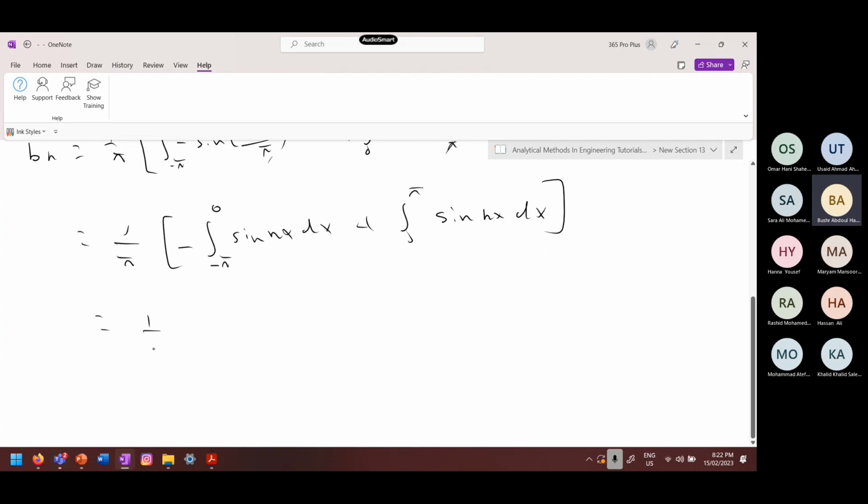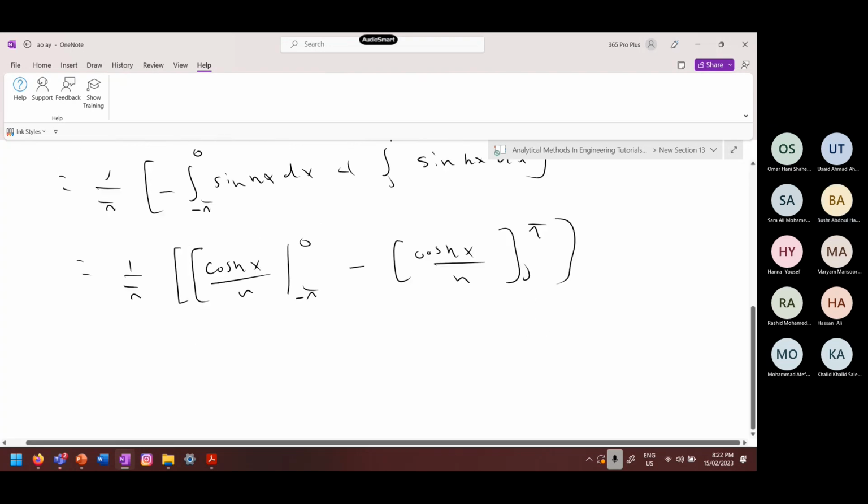Simplify it. 1 over pi. The integration of sine is negative cosine nx over n, from negative pi to 0, plus negative cosine nx over n from 0 to pi.